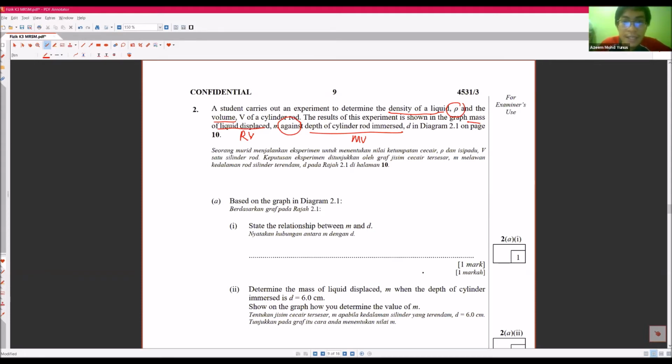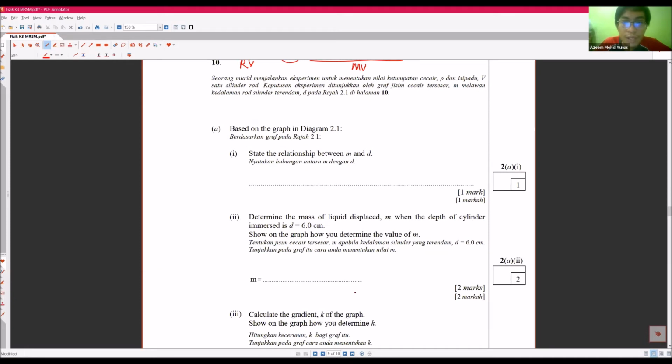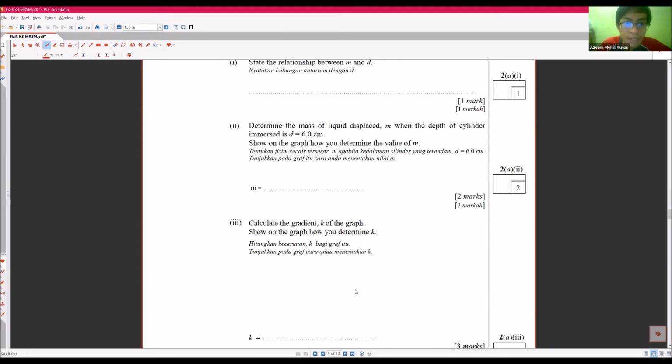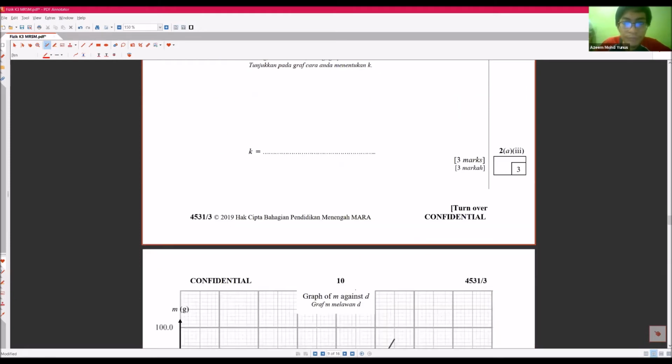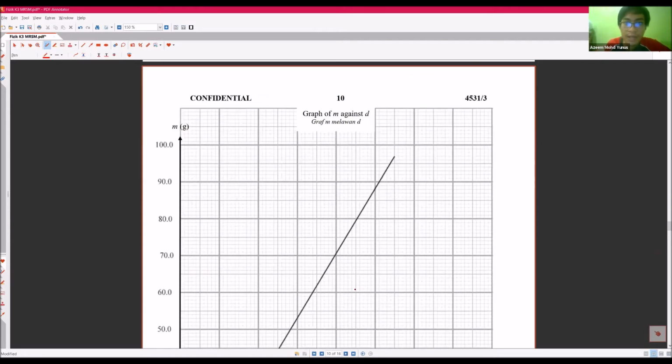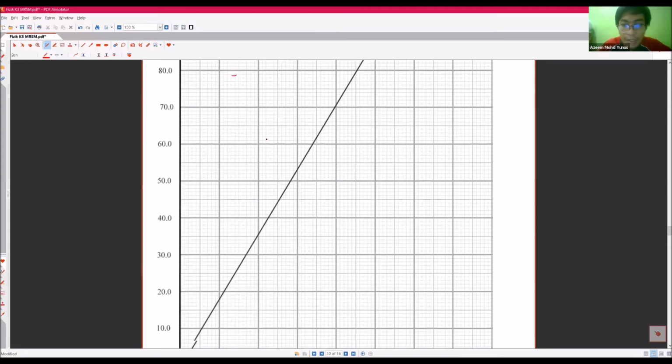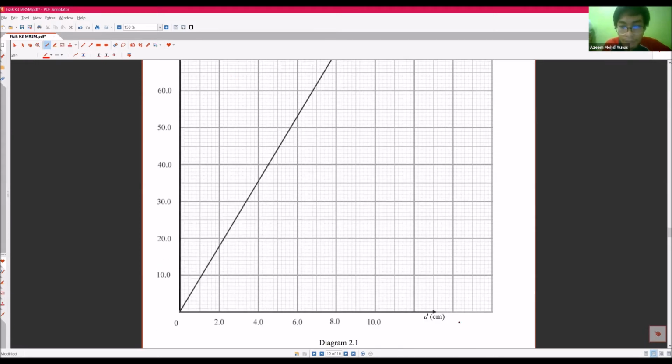So let's see the graph on page 10. So basically on the next page, here is the graph. This is RV, and this is the M.